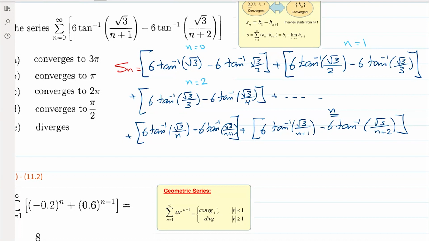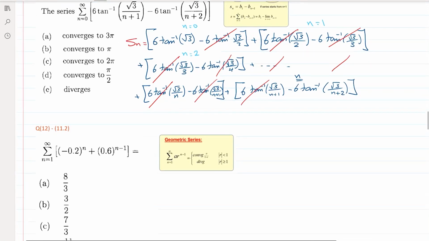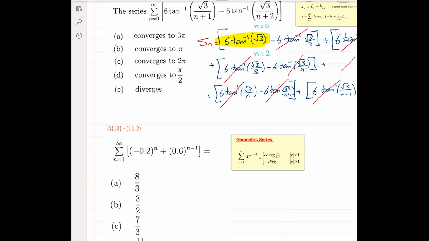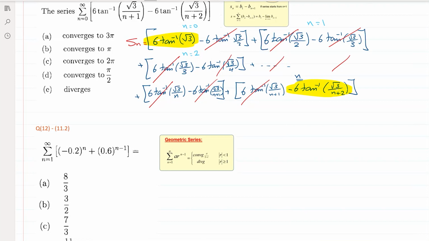See here, this term with the minus and plus simplifies. This one simplifies with the previous one, and this one with the previous one, and so on. So what happens? The partial sum will be just the first and the last term. Everything else is simplified, right?